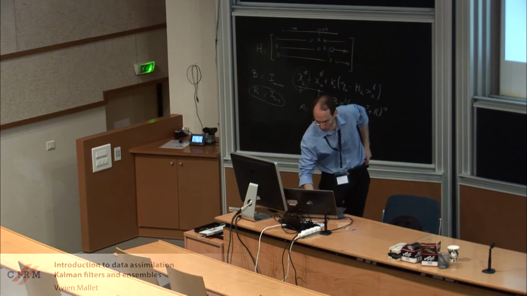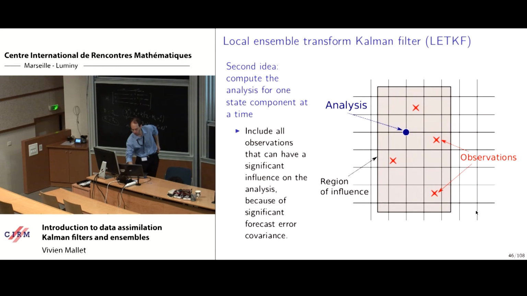So I put an example here. If you want to compute the analysis at this grid point, so you have a model discretized in space like this with a grid, for instance, and here you have a grid point. You want to compute here the analysis for the state component that corresponds to this one. And so you could have a large domain, but then you will just look at some region where you know that the correlation between the errors on the state variables is high enough, significant, and so you'll have just a few observations in that region, and if you're outside that region, you know that what you have in the PF is going to be low.